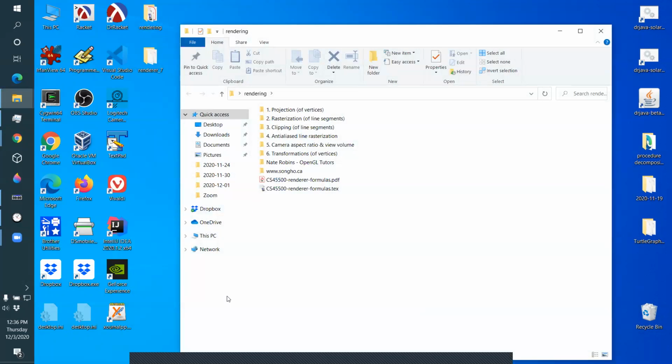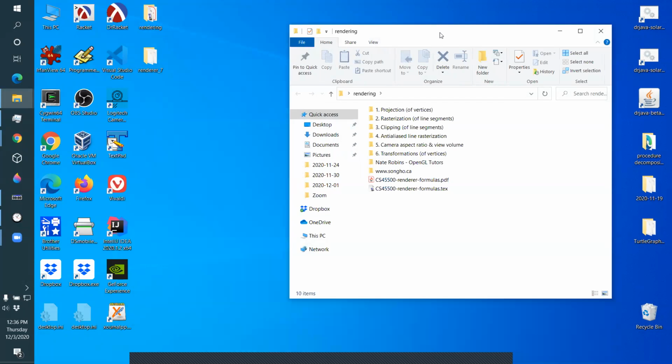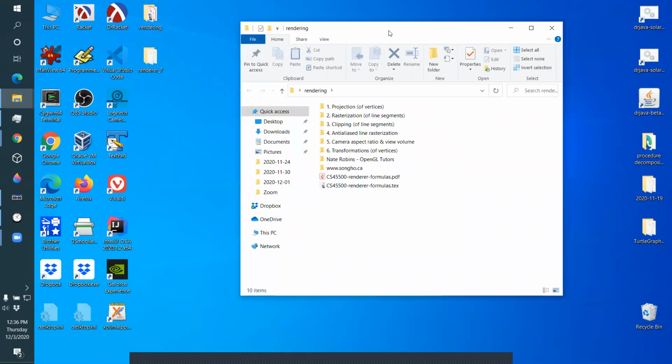We want to talk about the specific matrices and what they do, and that brings up a real important issue. Translation is a problem. When we want to move an object left and right, up and down, or forwards and backwards, there's something special about that operation. Translation is different than rotation.